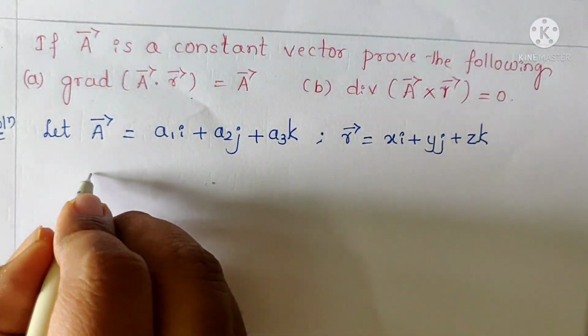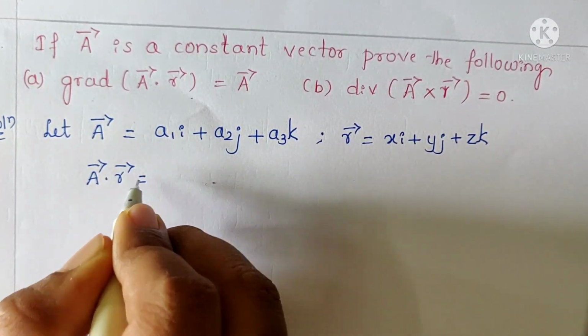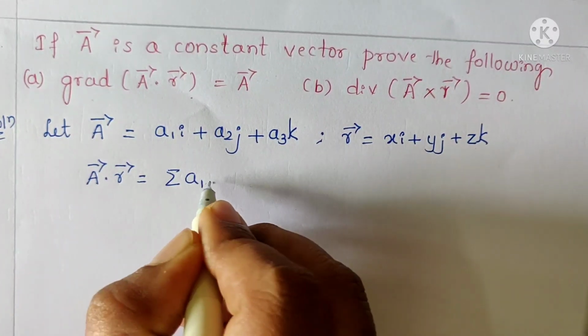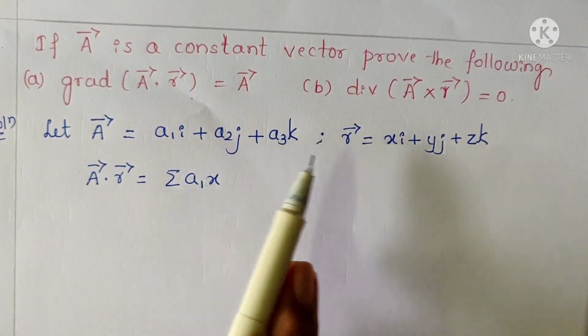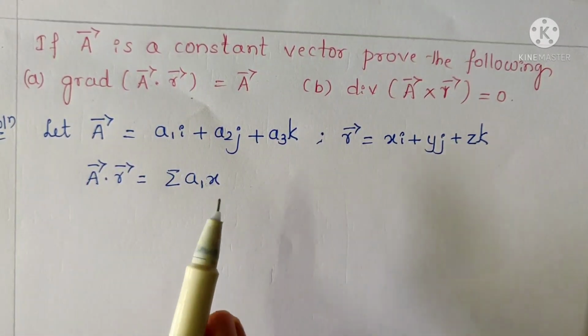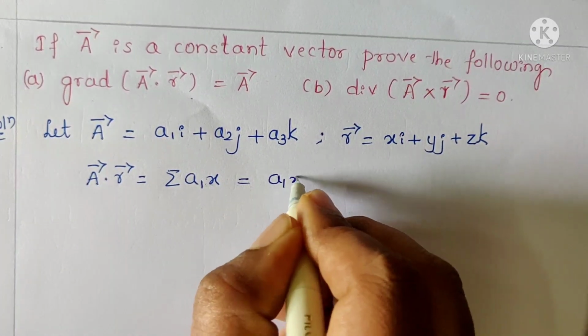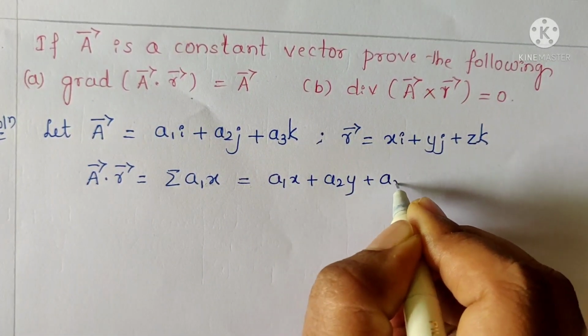Now A dot R, vector A dot vector R, is what? The dot product of these two. It is the summation of A1x, which means A1x plus A2y plus A3z. Or else, if you want to write it for your convenience, I will write it once.